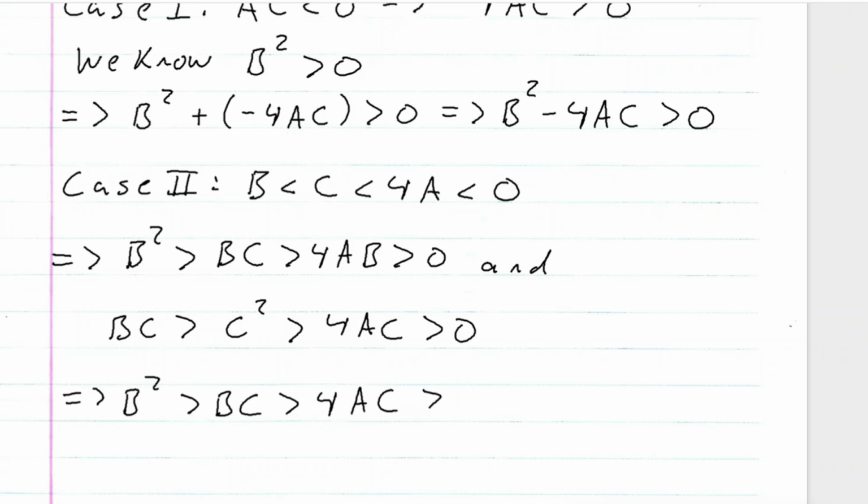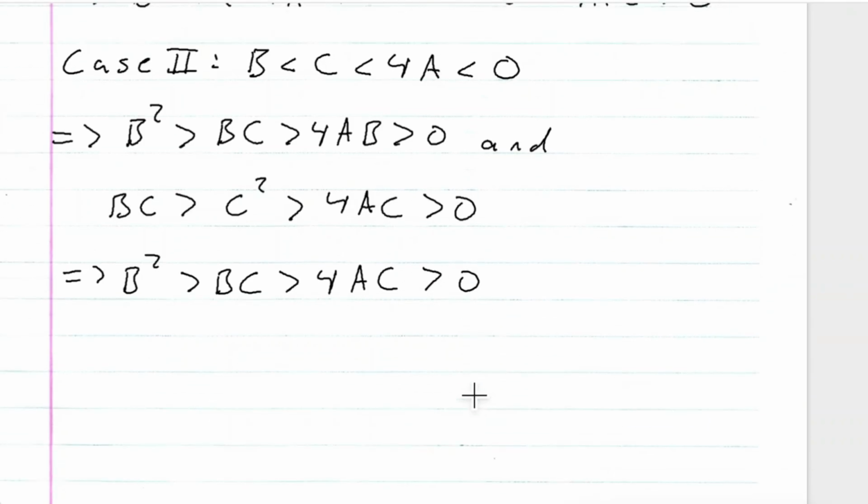And all of them are bigger than 0. So what I'm going to get out of this: b² bigger than bc, bc bigger than 4ac, and of course, all of them are bigger than 0. What I can get out of this is that b² is greater than 4ac, right?